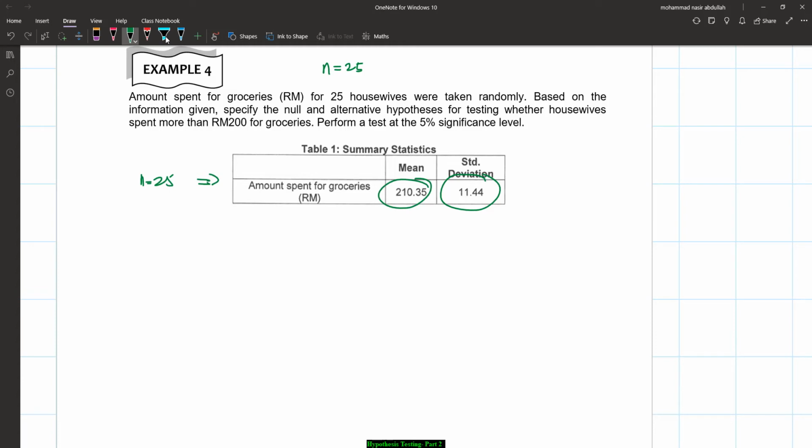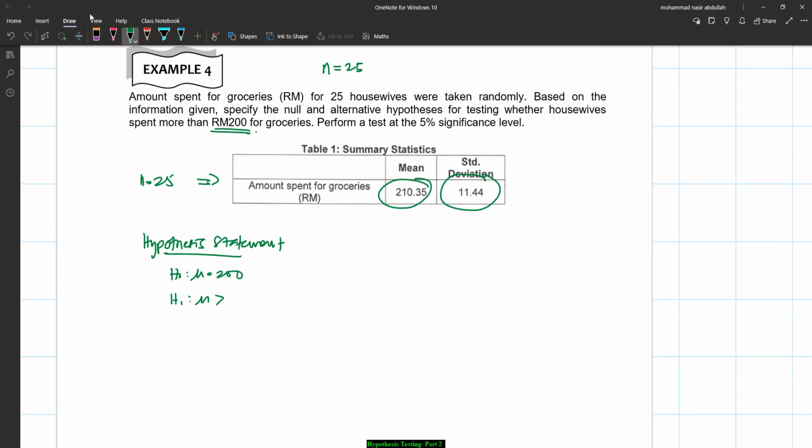So based on the information given, specify the null hypothesis and alternative hypothesis for testing whether housewives spend more than 200 ringgit for grocery. So first step, hypothesis statement, right? So null hypothesis, mu is equal to 200 ringgit, and alternative hypothesis, mu is more than 200 ringgit, right?